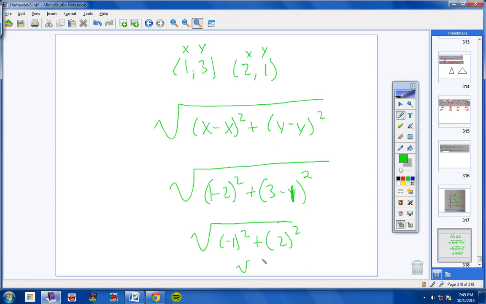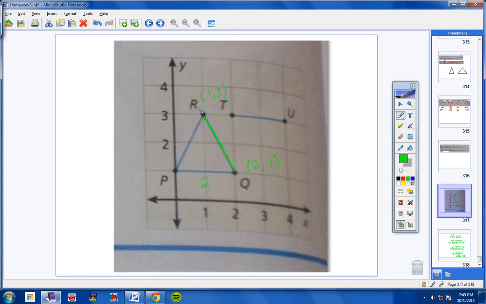So we end up with negative 1 squared is 1, 2 squared is 4, so the square root of 5. Okay, so let's go back over here. The length of this segment right here is the square root of 5.